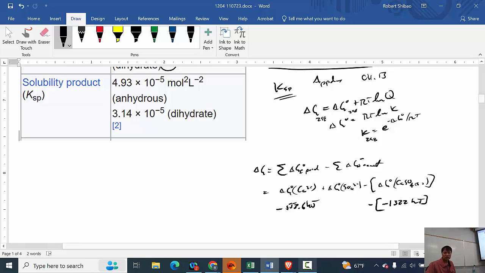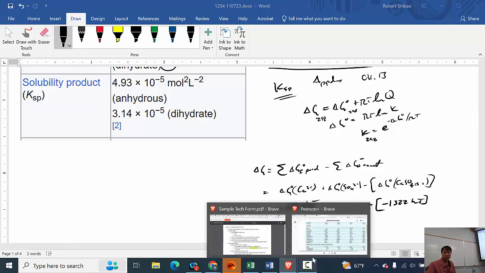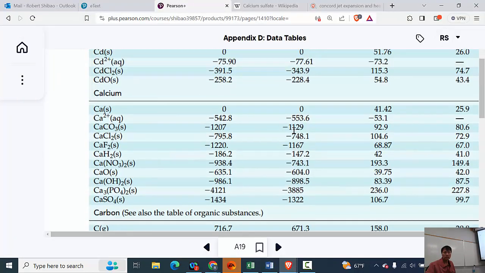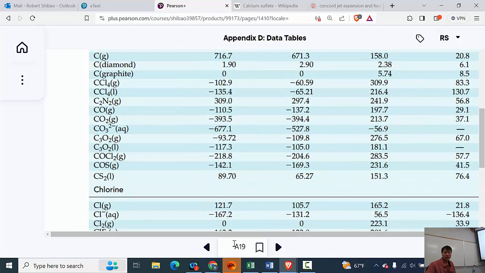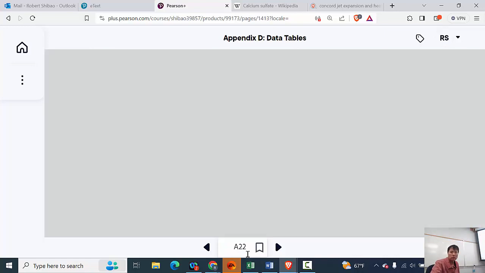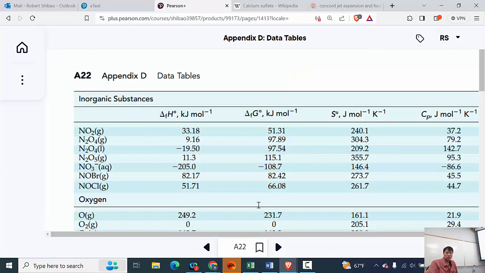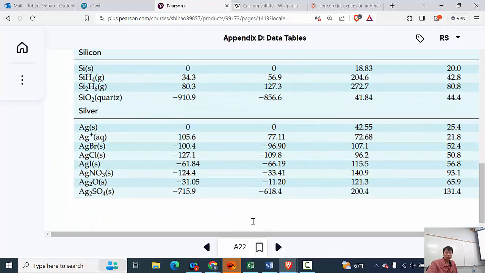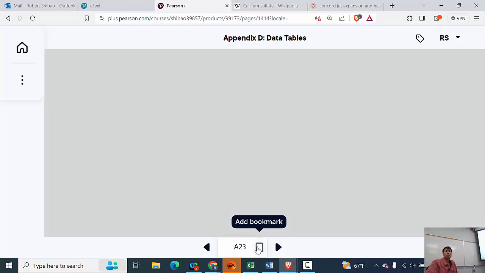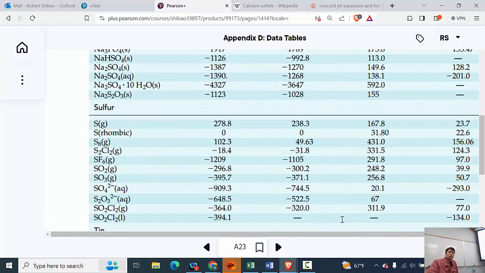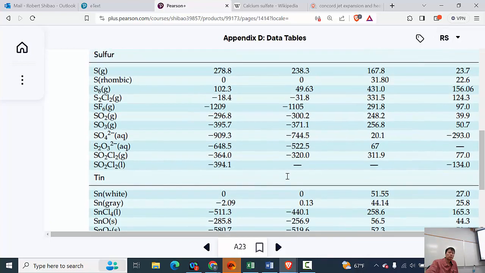So let's find sulfate. Shouldn't be a problem to find. So it's going to be S. I'm going to guess it's maybe 22. No, 23. Sulfate is minus 744.5.